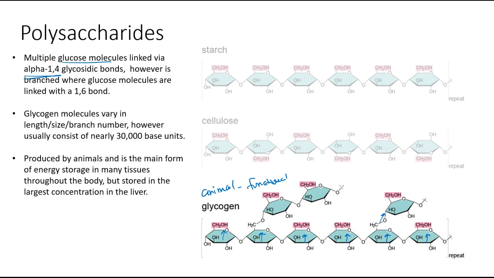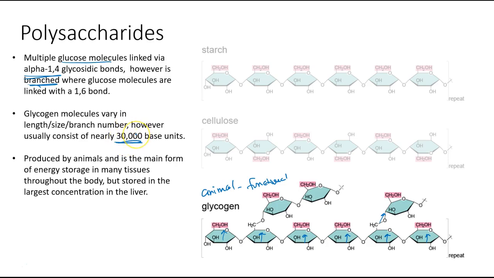Okay, so it's alpha 1,4-glycosidic bonds. They are producing branched kind of side chains, if you will, and that's so that we can pack more glucose molecules per square inch or per square micrometer. These are very densely packed and are very huge molecules.